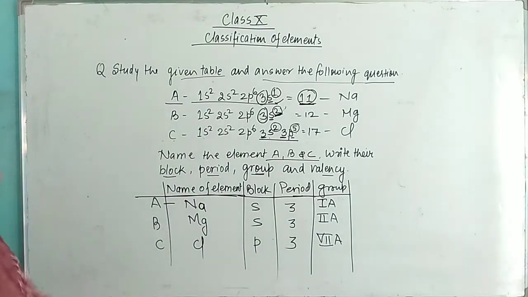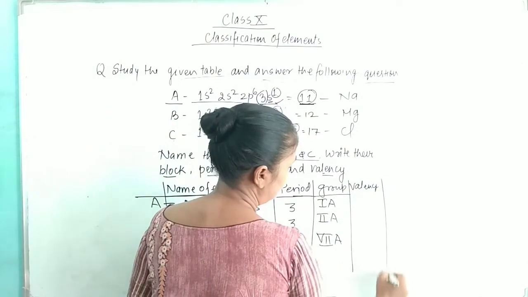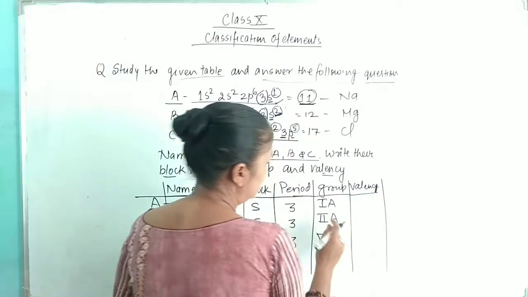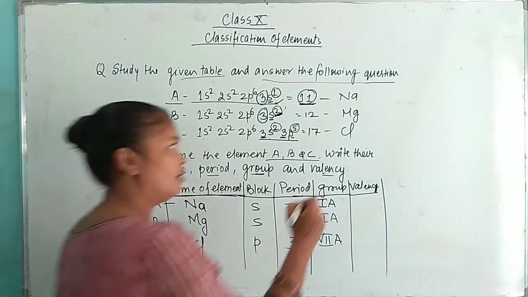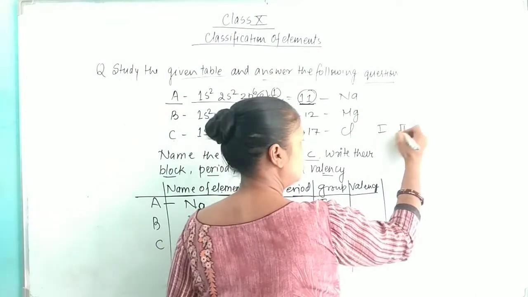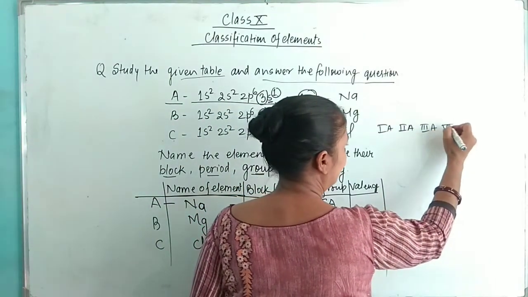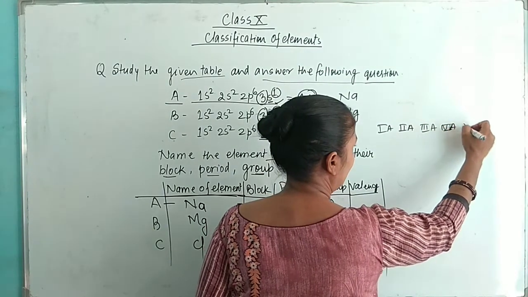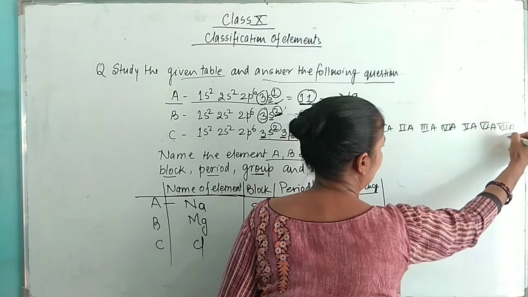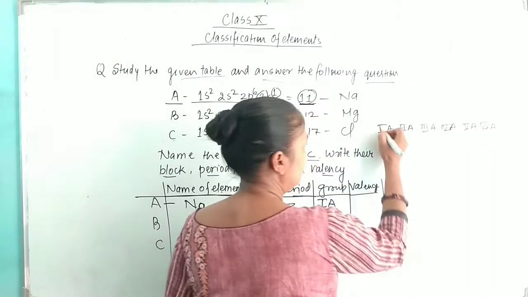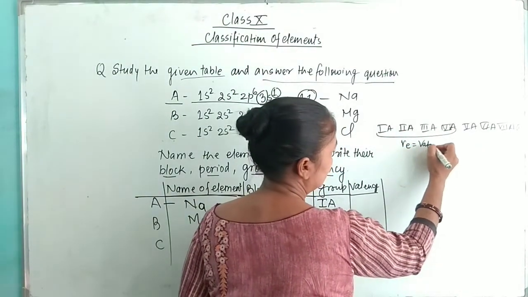So group. Now comes the valency. So valency will be how much? The combining capacity of the element is how much? For groups 1A, 2A, 3A, 4A, 5A, 6A, 7A and the 0 group: up till 4, the valence electron is equal to the valency.